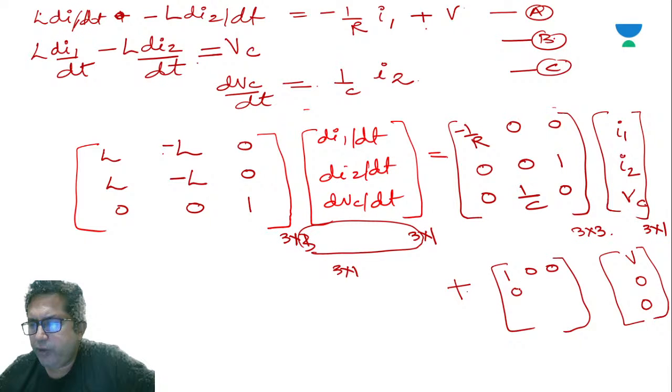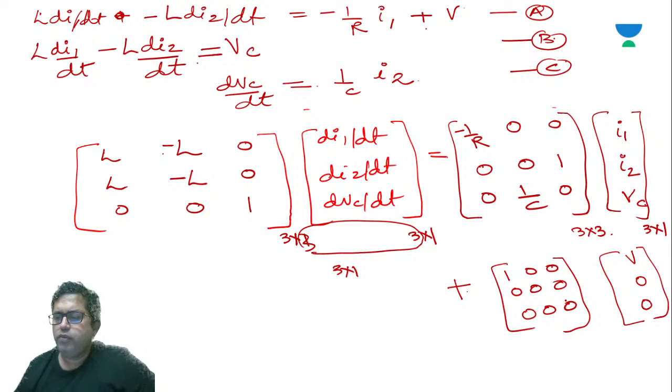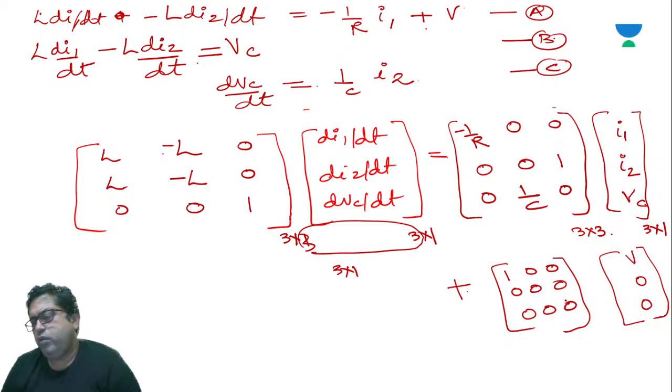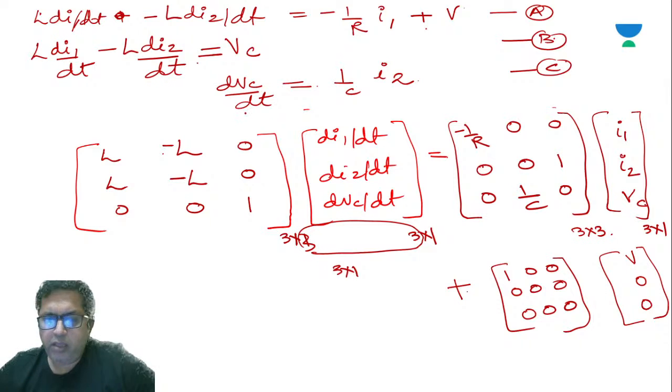Second term, V term is not there. Third term, V term is also not there. So if you multiply, you will get V0, 0 like this. Okay, so this is the answer for the state equation.